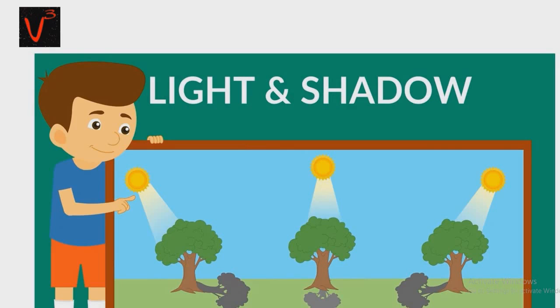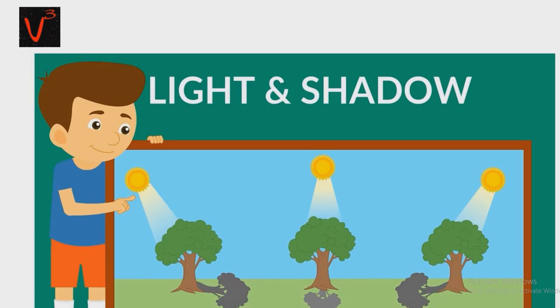Let us understand what shadows are and how they are formed. The shadow of an object is formed only when light does not pass through the object. The kind of shadow that is formed depends upon the relative distance between the source of light, the object, and the surface on which the shadow is formed.